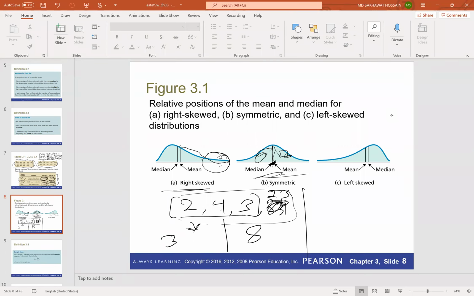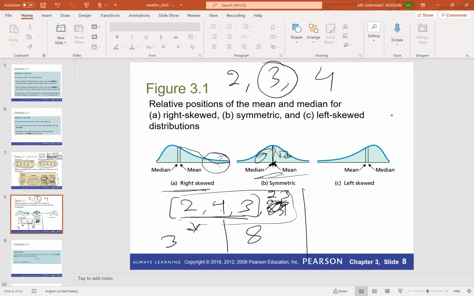So what about the median? For the previous data set, the median was 3, because we have 2, 4, and 3, and if you rearrange them, the middle value is 3. If you consider the 4 numbers, 2, 3, 4, 23, the median will be the average of the two middle numbers, which is 3.5. So in the first case the median was 3, and in the second case the median is 3.5.